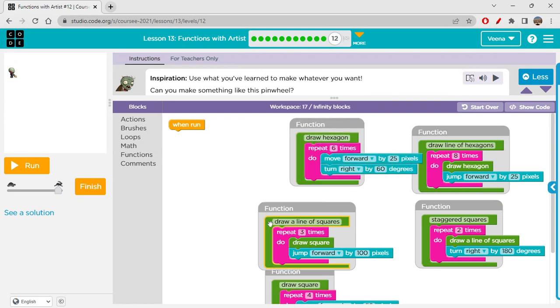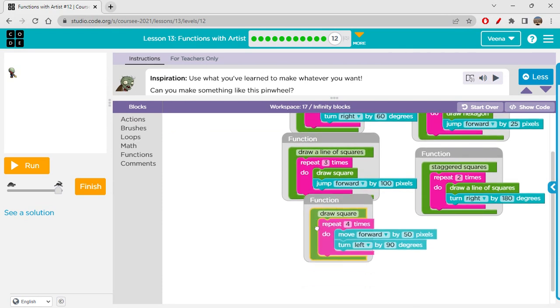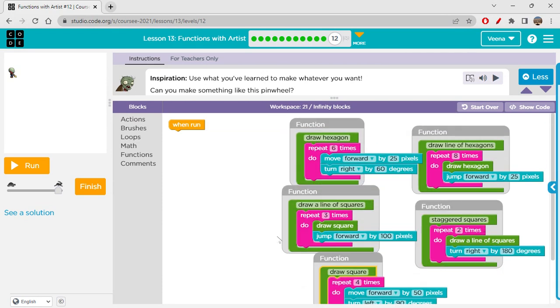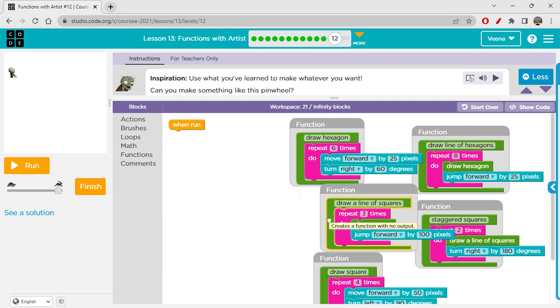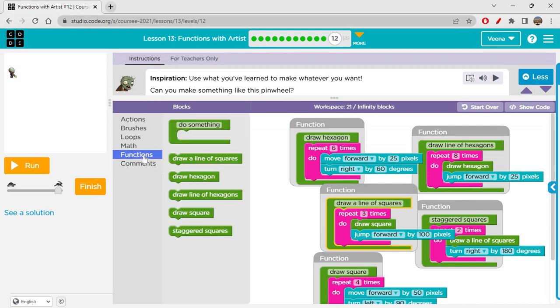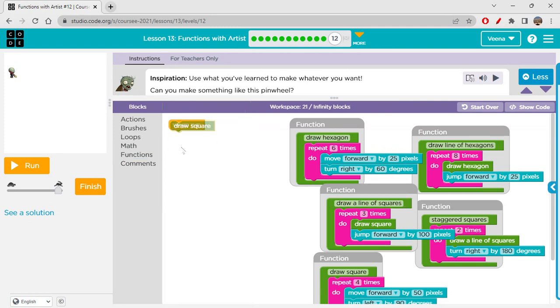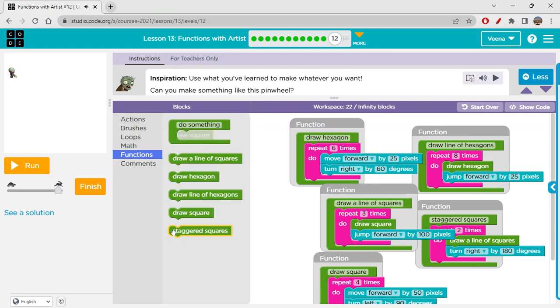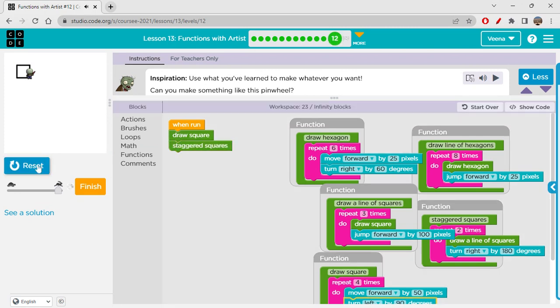Actually, I wanted to use the same logic and draw these octagons. Maybe I'll try that because I like that pattern. But I like this too because the code is already given, right? We just have to call the functions. So I'm drawing square first, then I'll draw staggered squares. Let's see what happens.